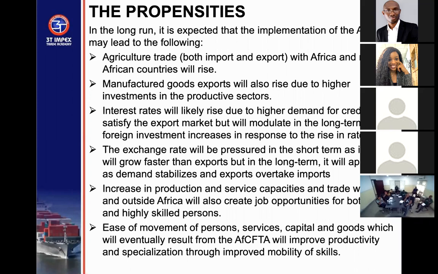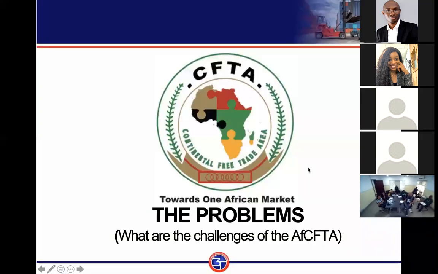Interest rate is likely going to rise, then fall after a while because of foreign direct investment coming in. Exchange rate also will be under pressure in the short term, but reduce in the long term because export is likely going to overtake import. Increase in production, services, capacities, and trade within Africa will also create job opportunities. And we also expect ease of movement of services, capital, persons and goods.